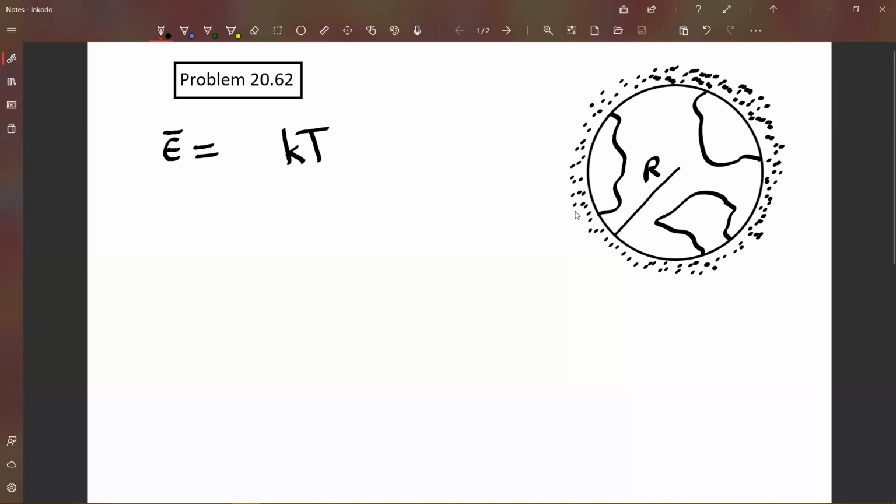I'm just going to call it lowercase k. And I say that the proportionality constant is almost k because there's also a factor of 3/2 out front.